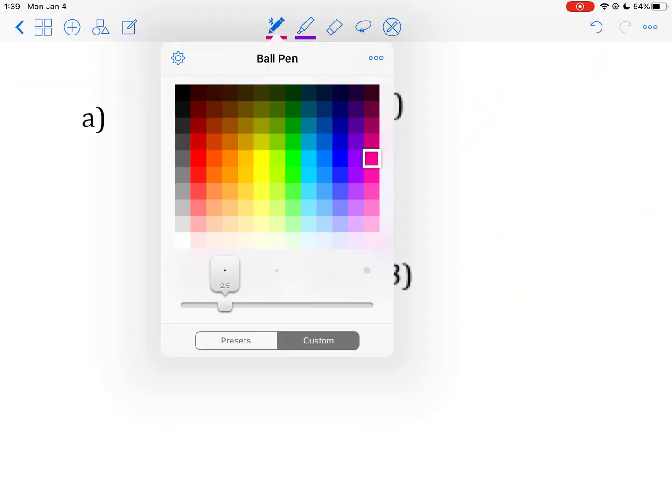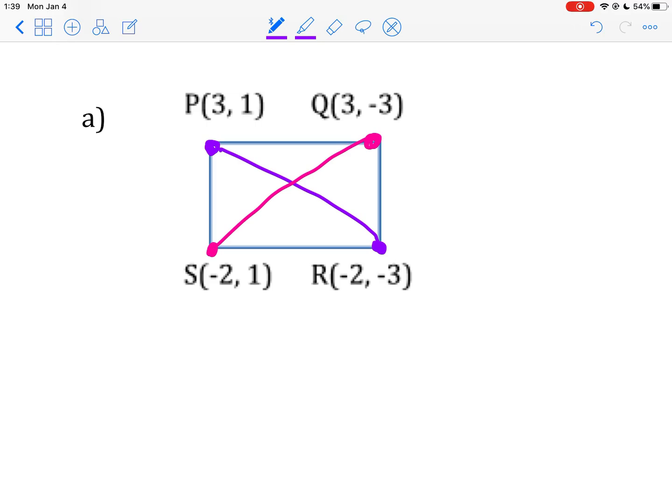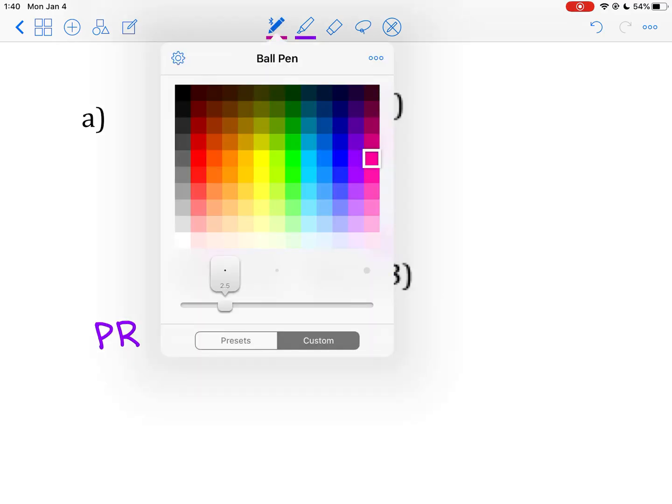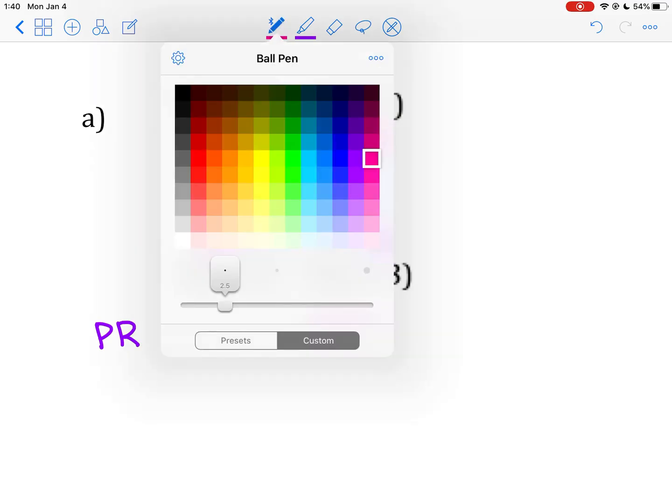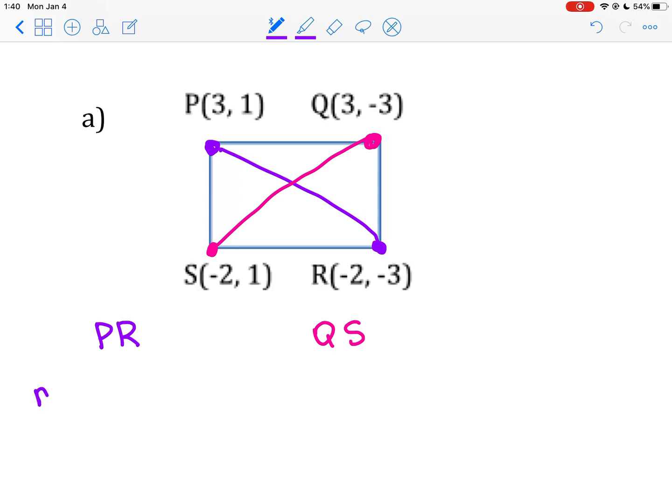We're going to start off by looking at these 2 diagonals and finding the slope of each. The first diagonal was PR, and the second diagonal was QS. So I'm going to find the slope of each of those. I'm just going to say that this is point number 1 for the first diagonal, and this is point number 2, so that I can plug that into the slope formula.